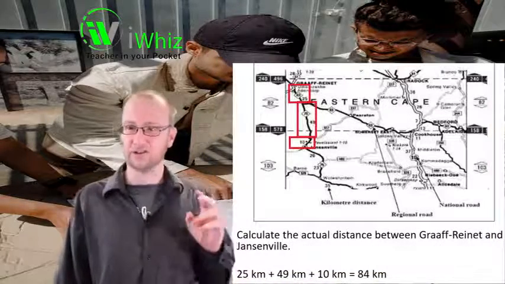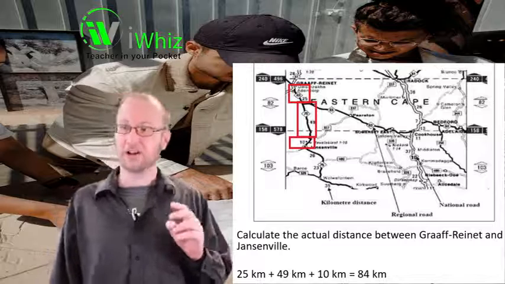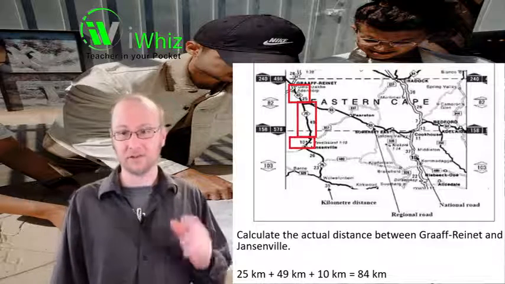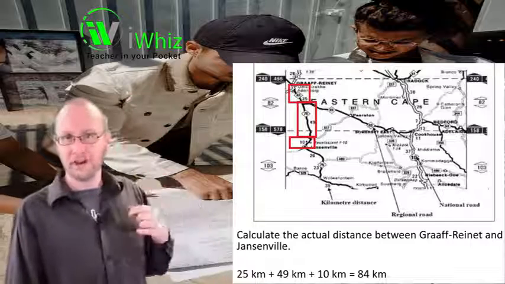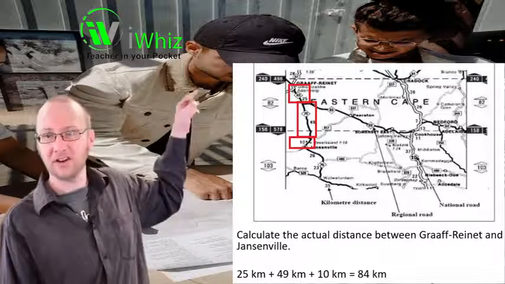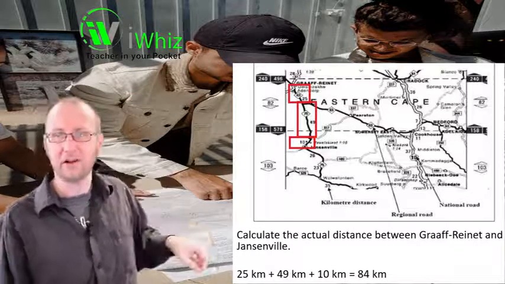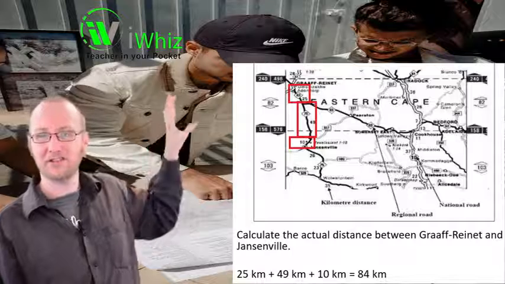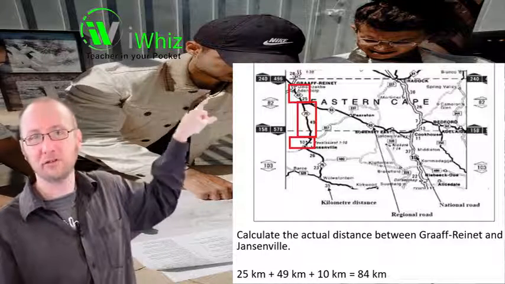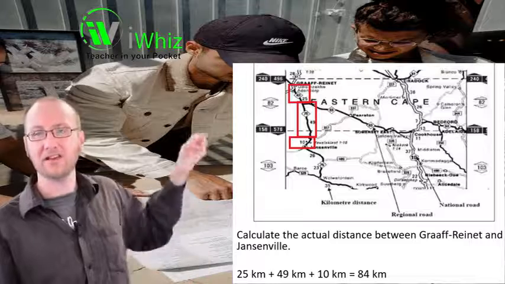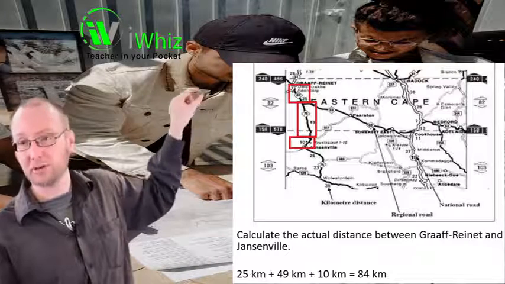Calculate the actual distance between Graaff-Reinet and Jansenville. Okay guys, so here he's going to be traveling from Graaff-Reinet, just heading down south, and remember the distances are all on the map there, and I've shown the different parts of it in the red blocks.